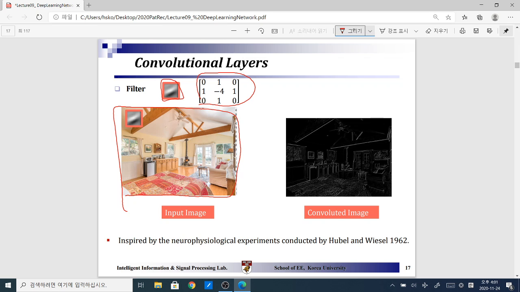Let's say a filter that's defined by this, where each of these components, the values here, would be designed at this point. For example, if we have an input and then a filter going there, then this would be the resulting convolved image as a result of performing convolution of this filter on the input image.